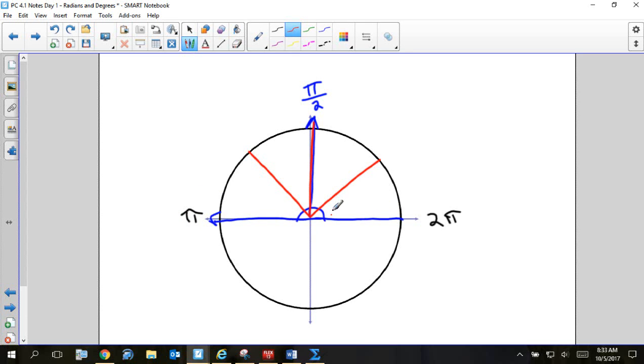Okay, so if I took this very first one right here, I divided the top half by 4, then this one is going to be the top half, which is pi, divided by 4. That's the first one.